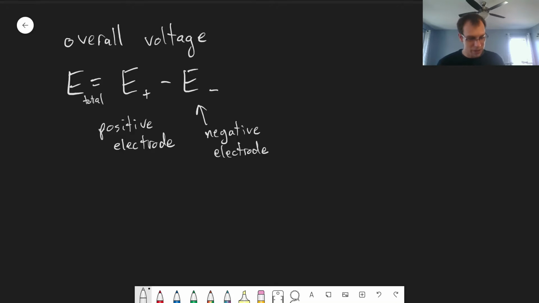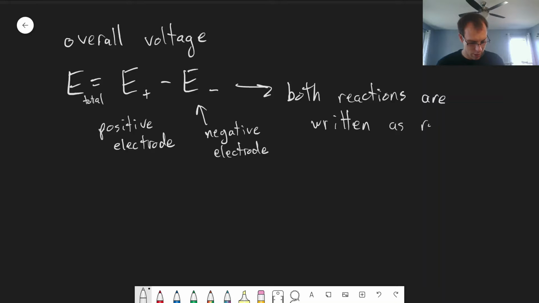So one thing I'll just note here is, for these both reactions, even though one of them is going to be an oxidation, both reactions are written as reductions. And the fact that we have this negative sign accounts for the fact that one of them is an oxidation instead of a reduction.